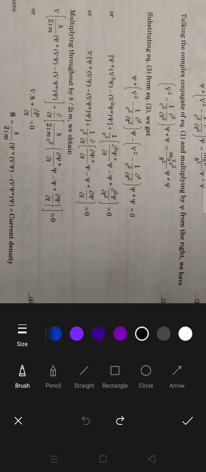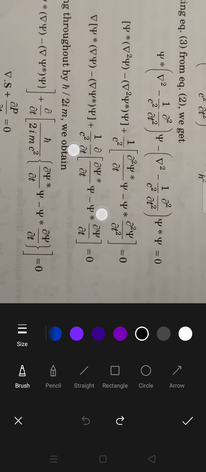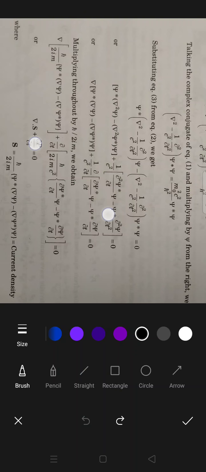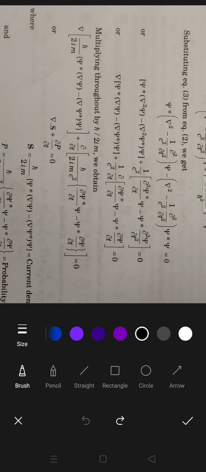Then rearrange the terms, take 1 by c square as common, and you get the equation like this. We can take the del out from this equation, so this expression will become like this.